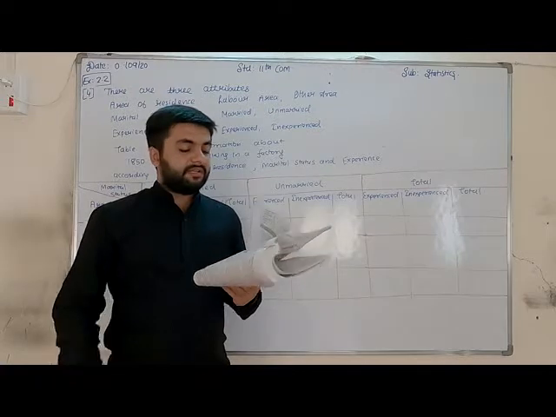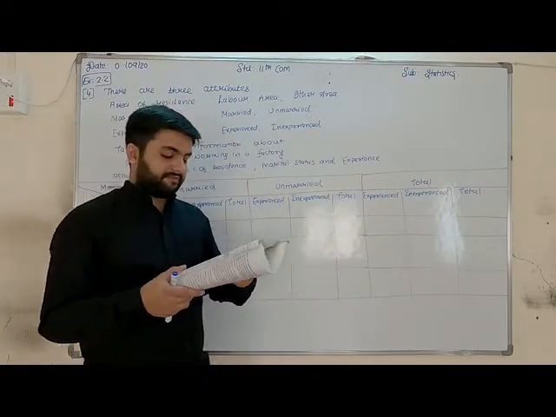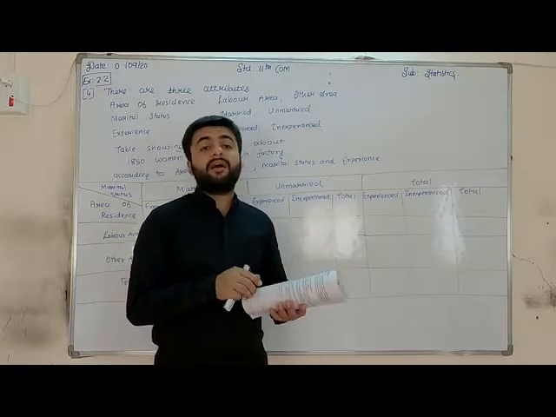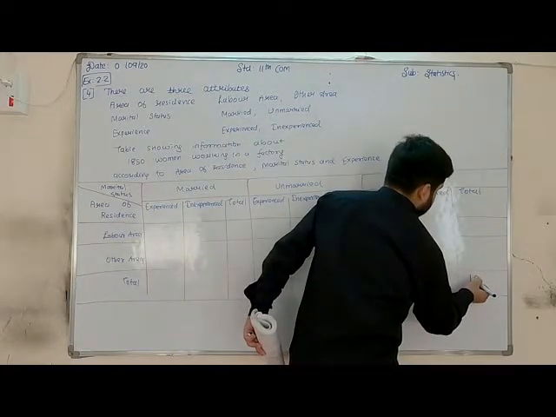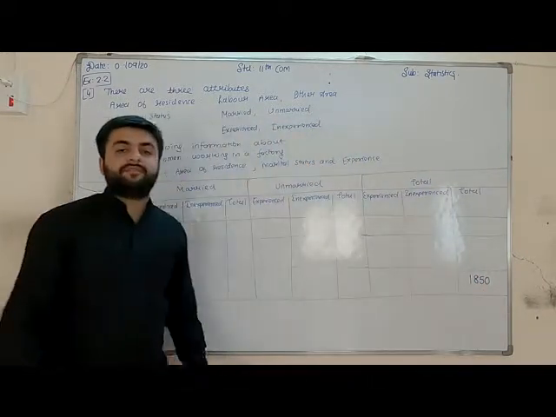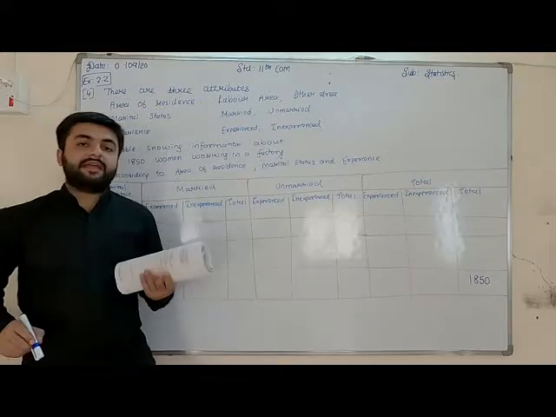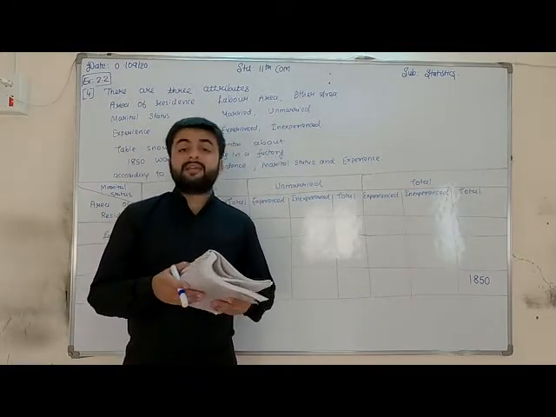Out of total 1850 women working in a factory, so total women are 1850. So the grand total is 1850, as it is written in the heading also. 549 were residing in labor area.